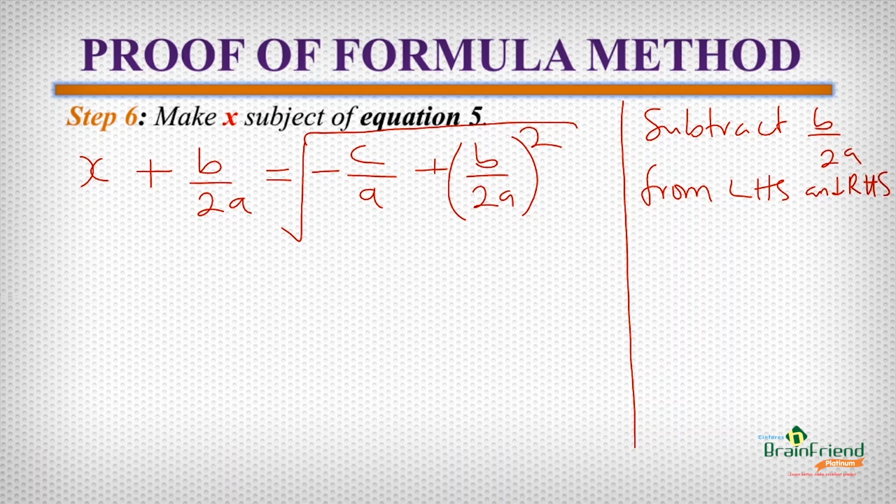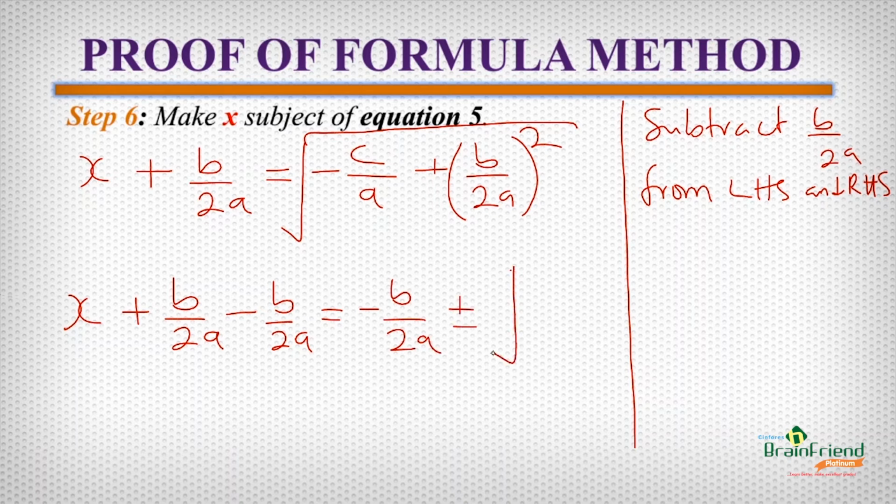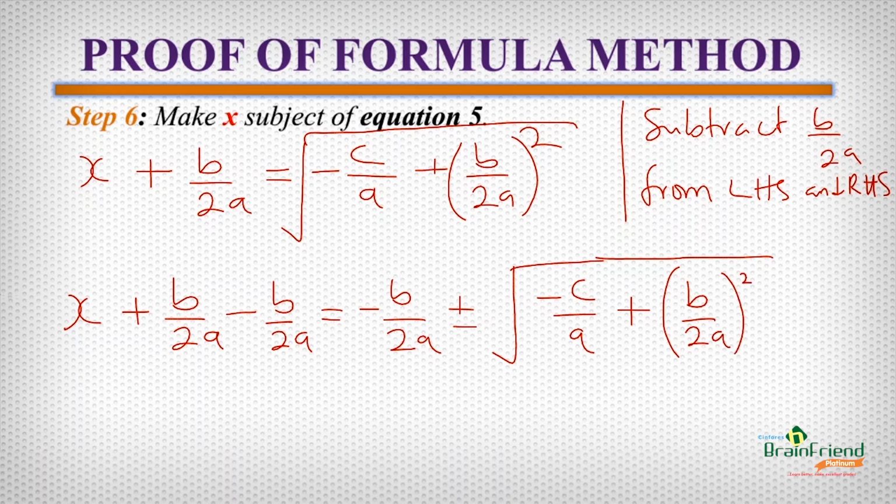When we do that, we'll have x plus b over 2a minus b over 2a, and that is equal to minus b over 2a plus or minus square root of minus c over a plus b over 2a all squared.